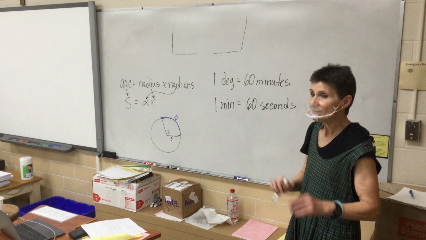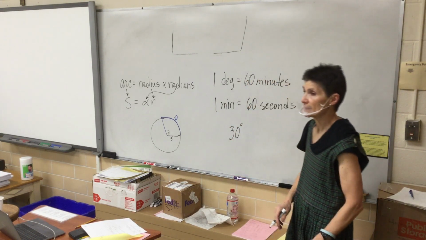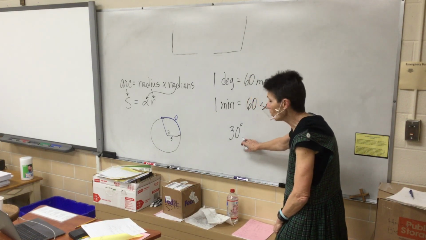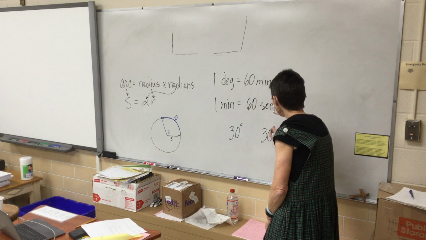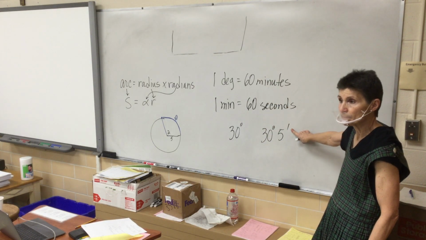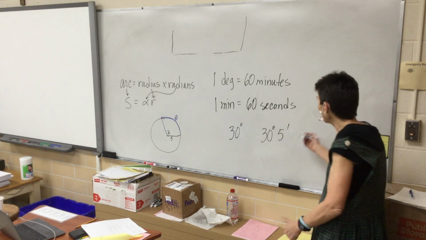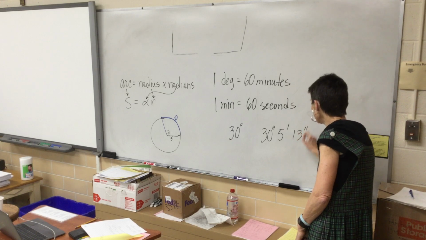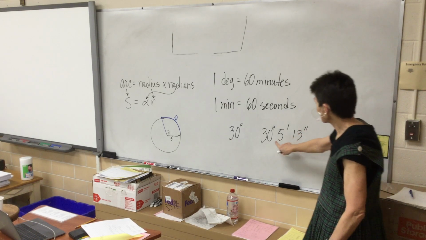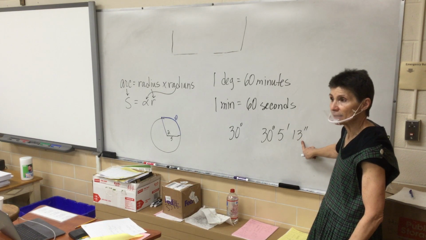So you can have an angle of 30 degrees, that's the whole angle. Or if it's a little bit more than that, you might have 30 degrees and 5 minutes. That's the symbol for minutes. And if it's a little bit more, you might have 13 seconds. That's the symbol for seconds. So this is 30 degrees, 5 minutes, 13 seconds.